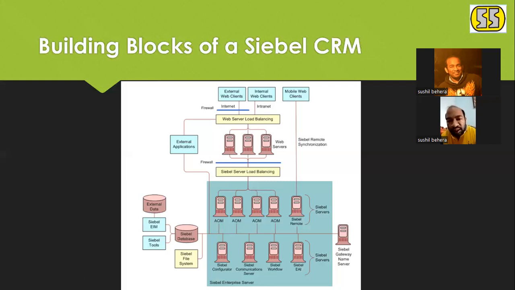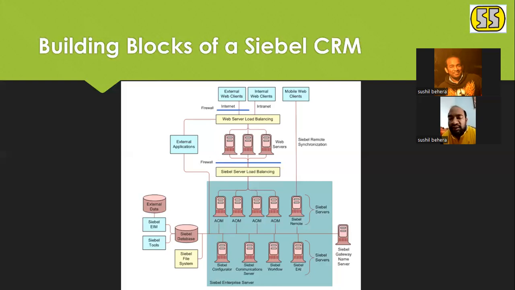So what we are doing is adding an extra level of security, so that only our accessible systems are able to connect to the Siebel server, and all other systems are not able to connect. In the firewall, lots of rules are written, and inside those rules we can specify that these IPs are accessible, all other IPs are not accessible.